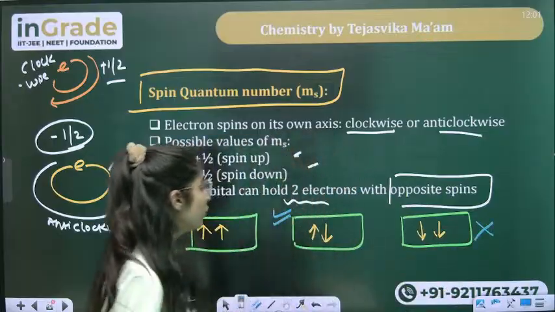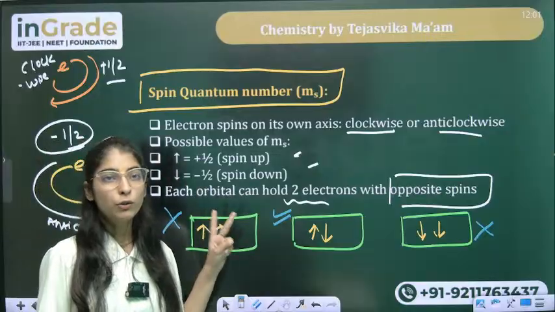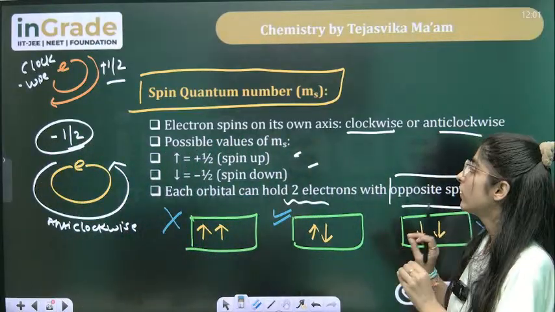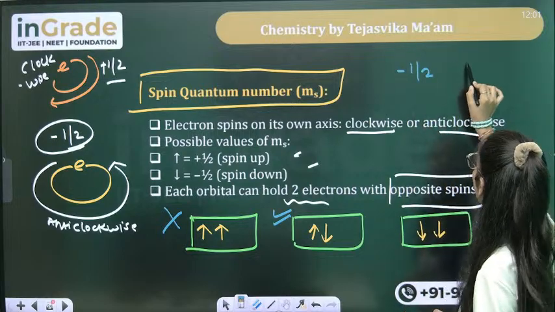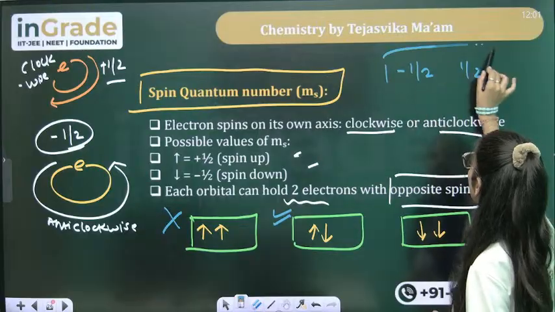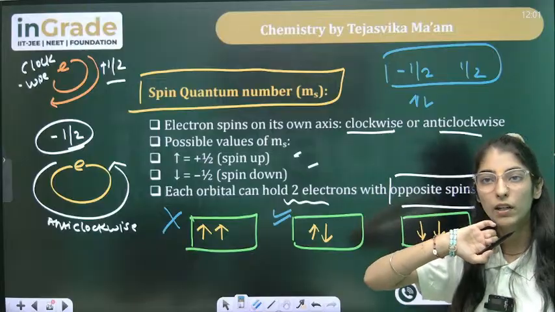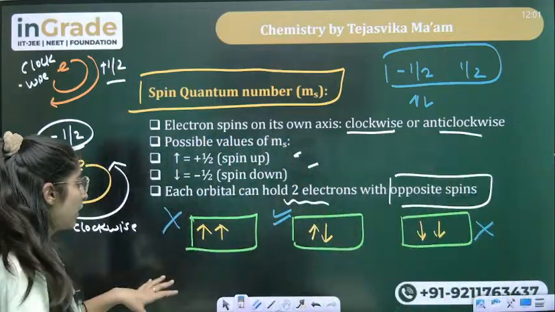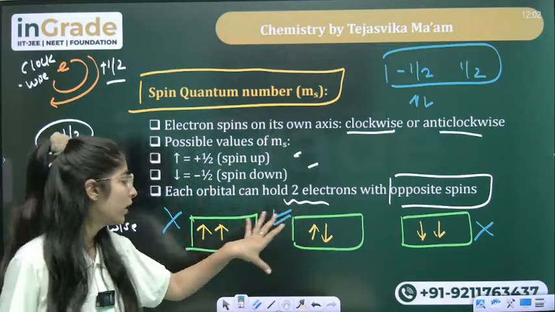As I told you, both electrons have opposite spins: one is going to be plus 1 by 2 and the next one is going to be minus 1 by 2. So this can be represented by one upward and the next one downward. Yes, exactly, you have said it correctly. This is going to be the exact answer. Okay, I hope you got it.